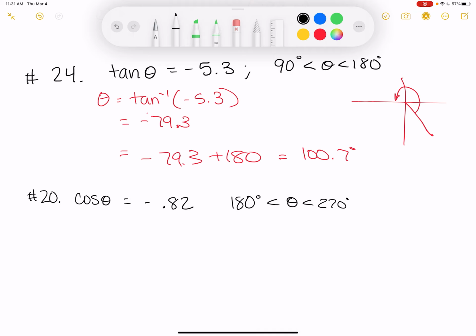Crazy, bro. Absolutely. Oh, my hair was bad. I'm so proud of myself. Cosine. This seems to be hard.